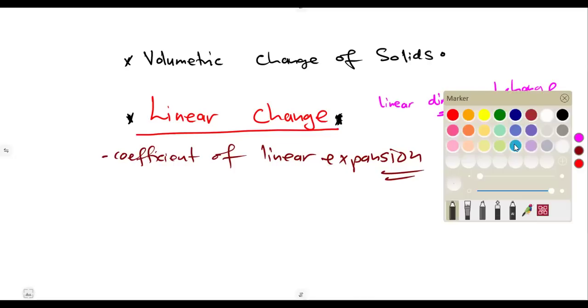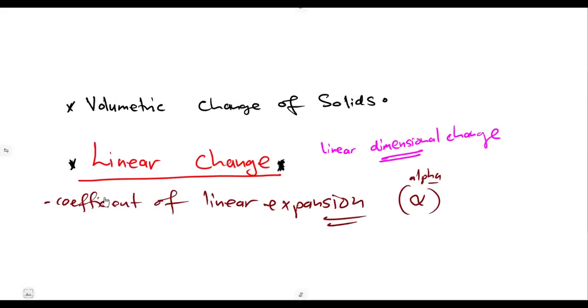Which linear dimensions are we talking about? We talk about the length, the width, the height, the diameter, the radius.